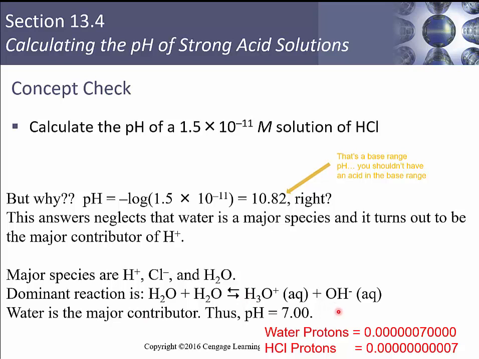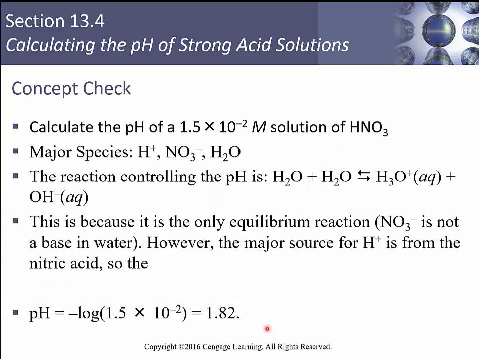So just a good rule of thumb. If you've got an acid concentration that's times 10 to the minus 7, you're running up against Kw, you probably just stick with Kw. Right? So let's calculate the pH of a 1.5 times 10 to the minus 2 molar solution of nitric acid. Our major species are going to be H+, nitrate, and water.